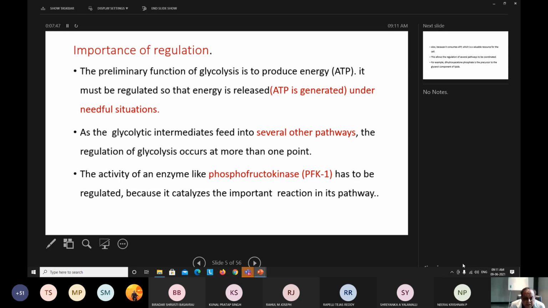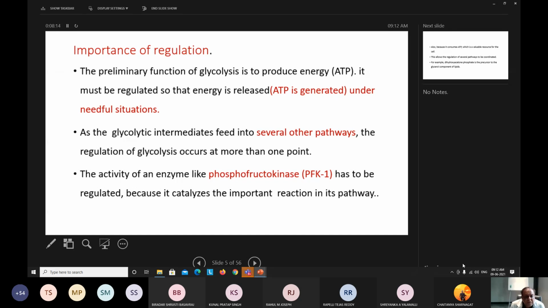As the glycolytic intermediates feed into several other pathways, the regulation of glycolysis occurs at more than one point; in this one, at three places. Similarly, in other pathways also, regulations will be there, and those will be discussed as and when we come across those pathways.